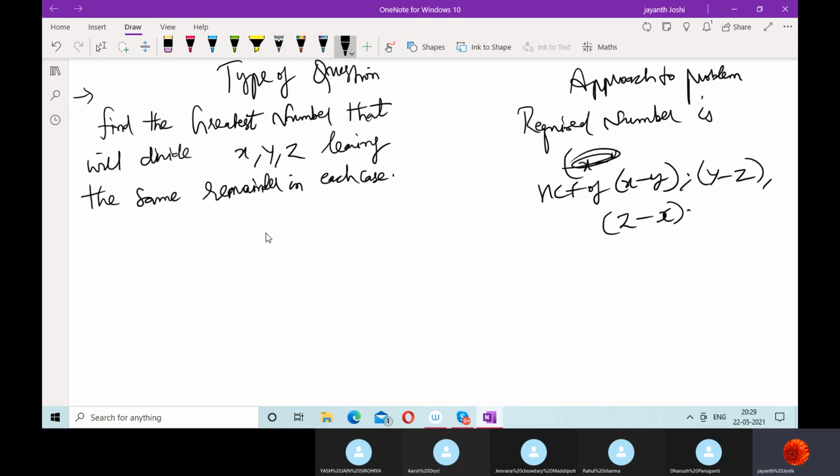Two minutes I'm giving. Find the greatest number that will divide X, Y, Z, leaving the same remainder. Okay. So question.